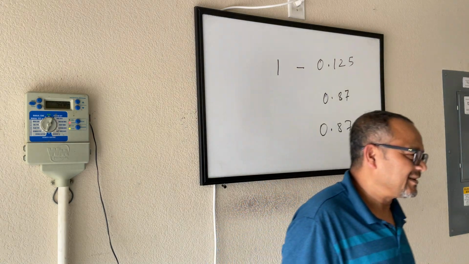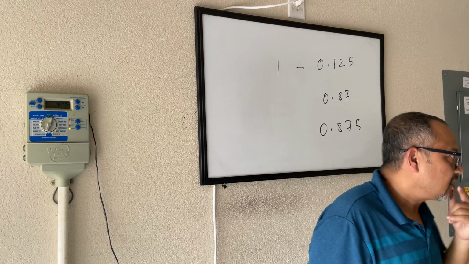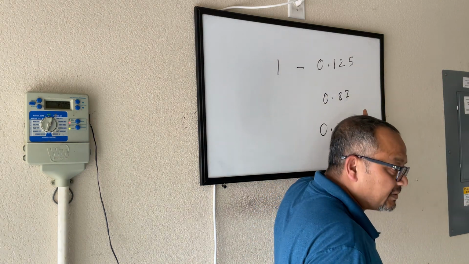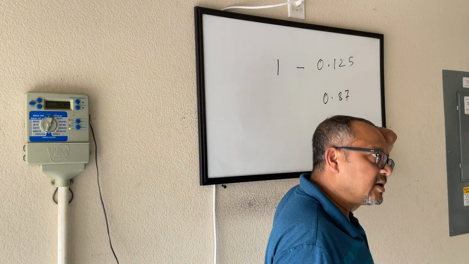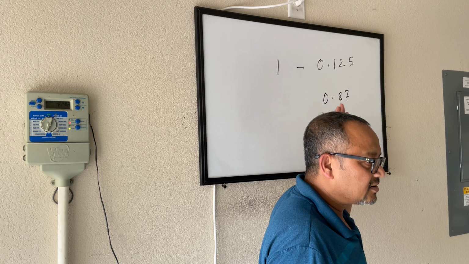Why did you write 0.87 on the board? I'm sorry, Rita? Why did you write 0.87 on the board then?